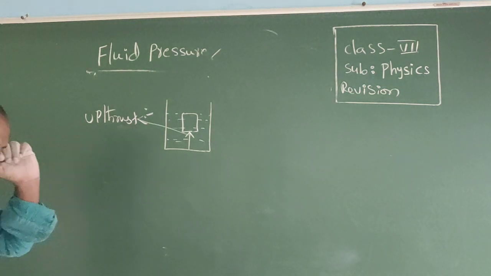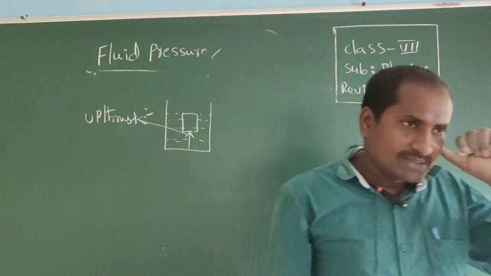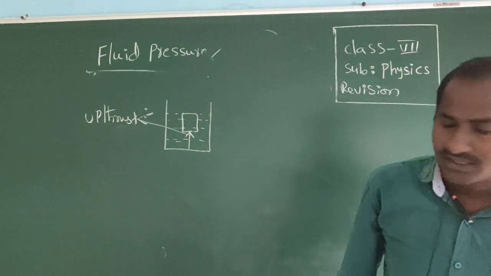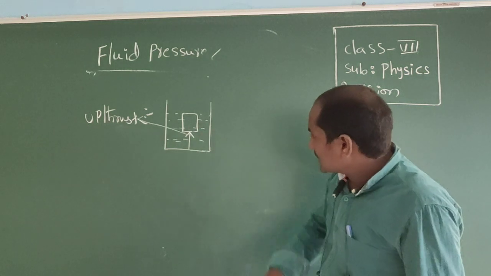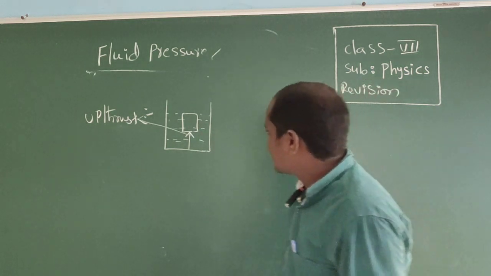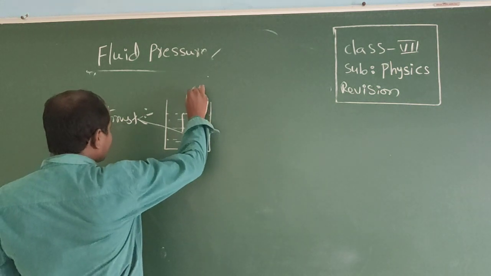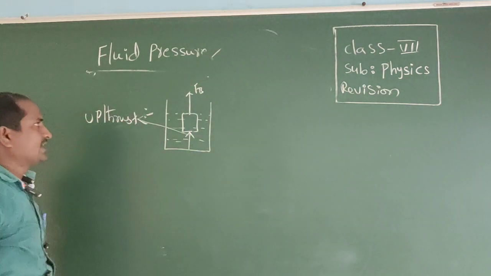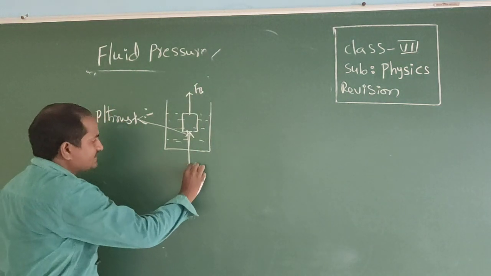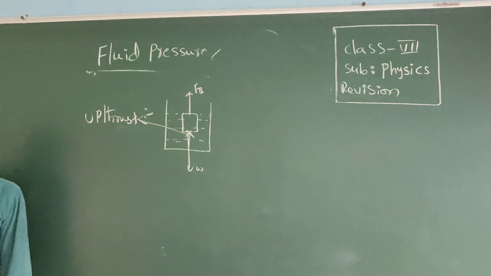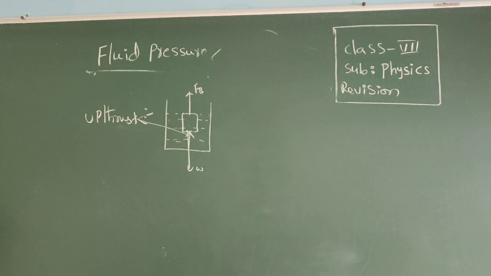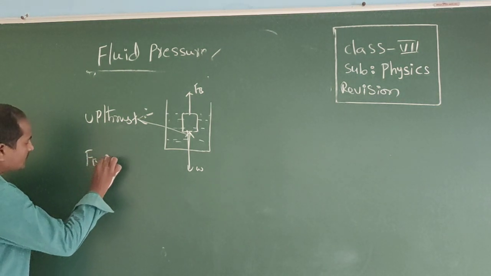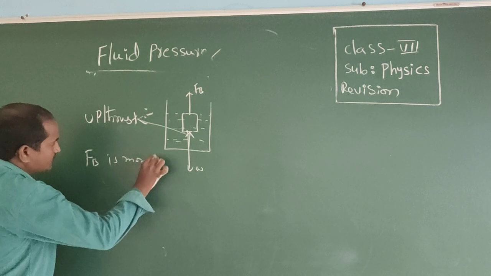Once again, if a body is immersed in a fluid, it is common experience that some amount of force acts on the body in the vertically upward direction. That force is called buoyant force or upthrust. Weight of the body is acting in the downward direction. If buoyant force FB is more than the weight, the body floats.